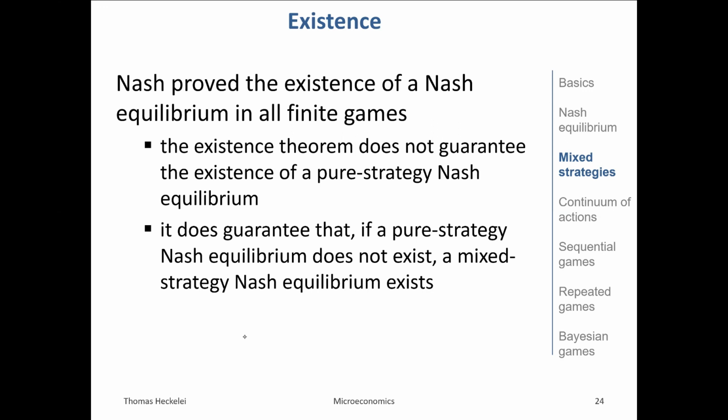So this statement was proven by Nash about the existence of an equilibrium in all finite games. So what are finite games? Finite games just means games that are played for a limited number of times.